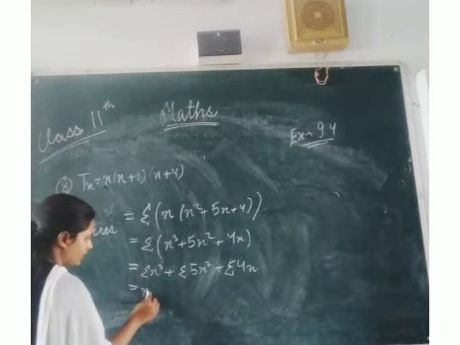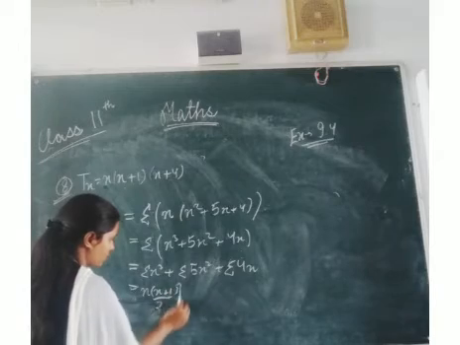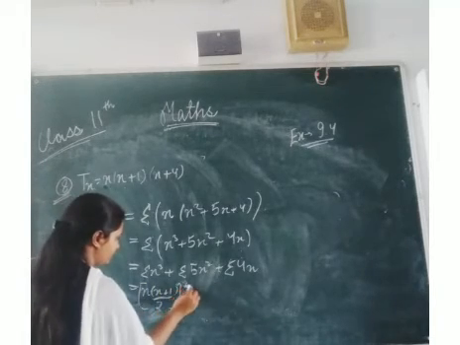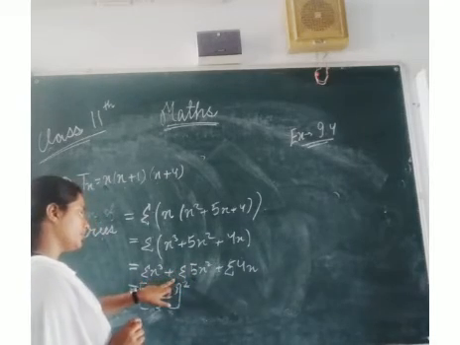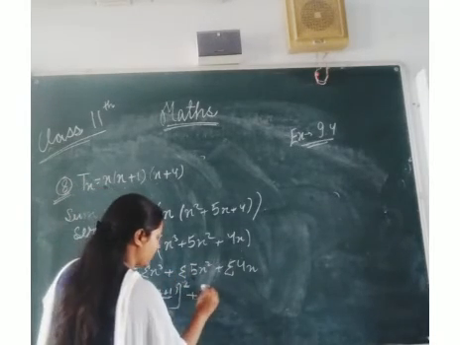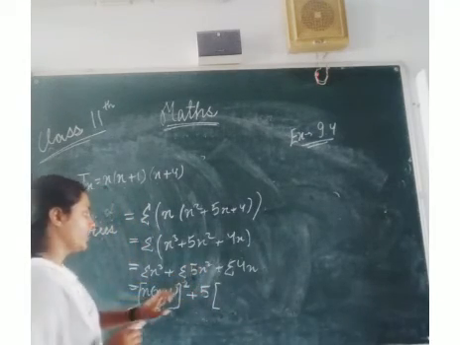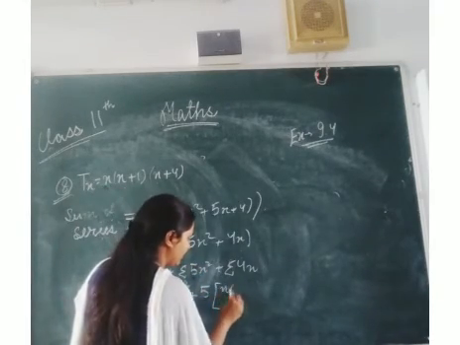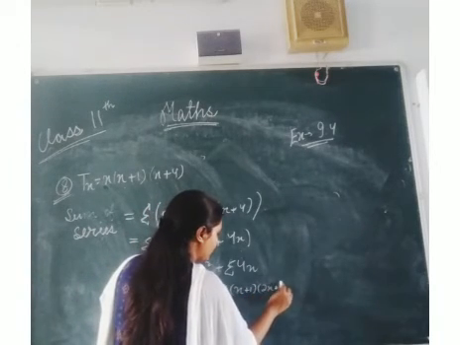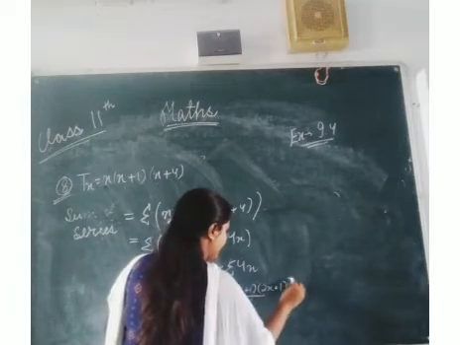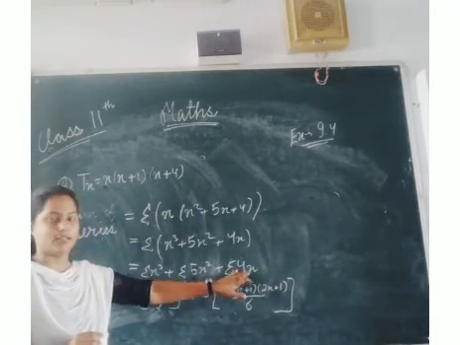What is it? n plus 1 by 2 whole square. 5 is a constant, we can take 5 outside the summation, and we will have summation n square, that is n plus 1, 2n plus 1 by 6, and in the last we have 4n.